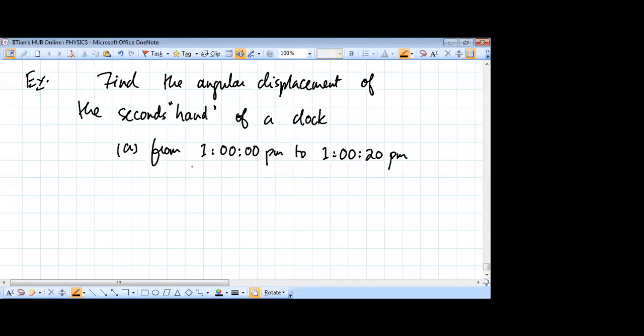This is hours, this is minutes, this is seconds. So find the angular displacement of the seconds hand of the clock in this much time.